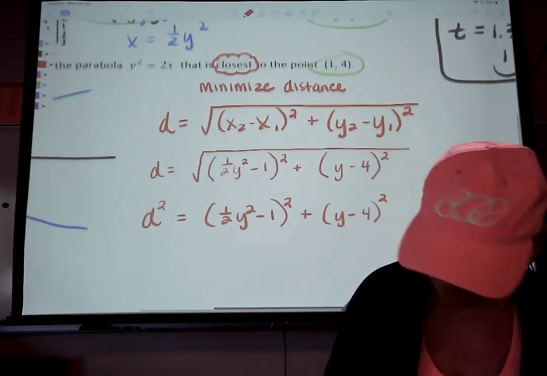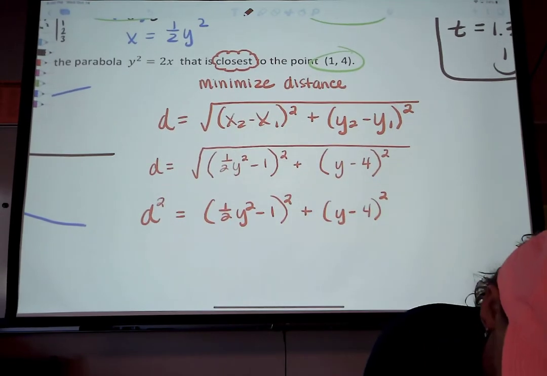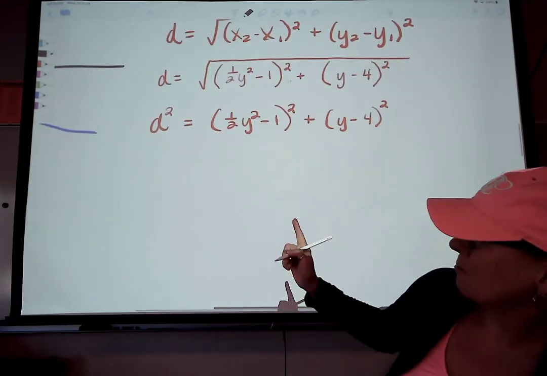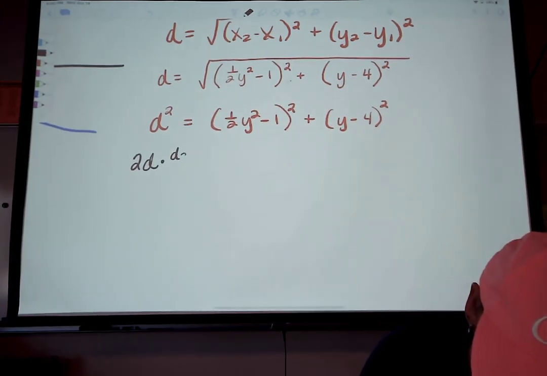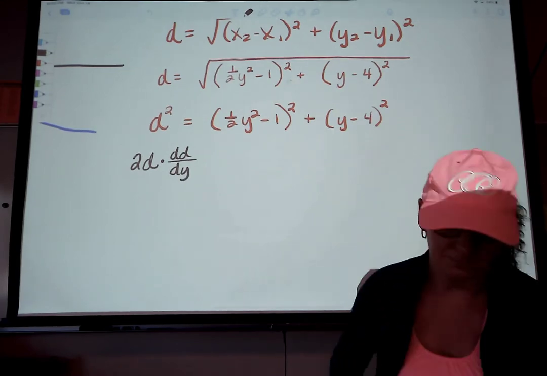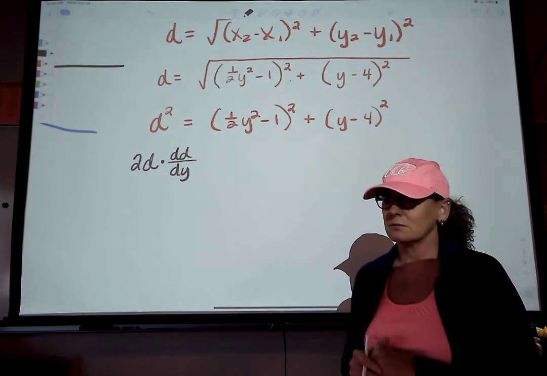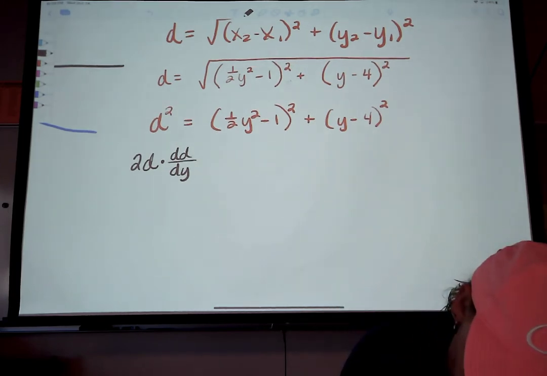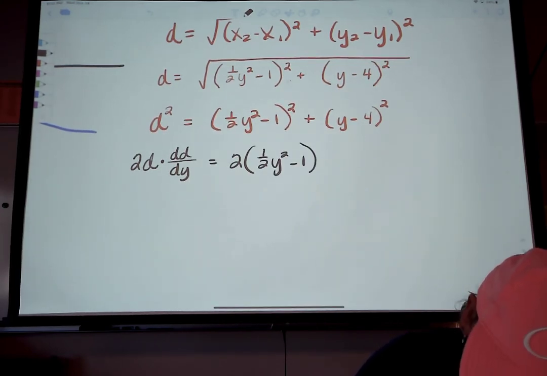Here I go. Ready? This is messy. This is messy squared. So I'm going to start with implicit differentiation. So I'm going to power rule it, 2D, chain rule it. Okay, I wouldn't get too angry if you wrote D prime. It's okay, whatever. All right, chain rule it equals, here I go. Power, chain.